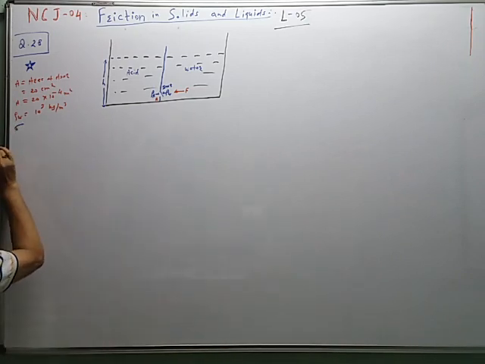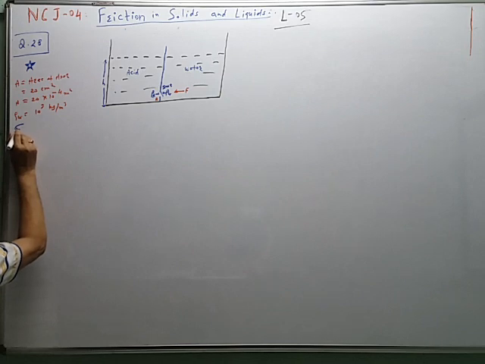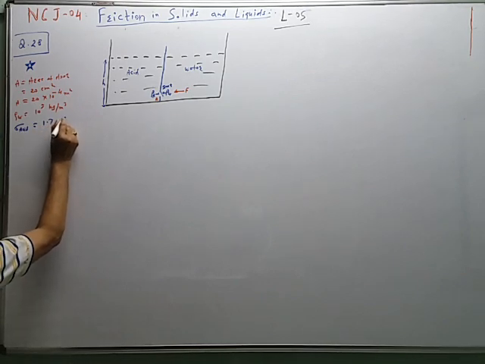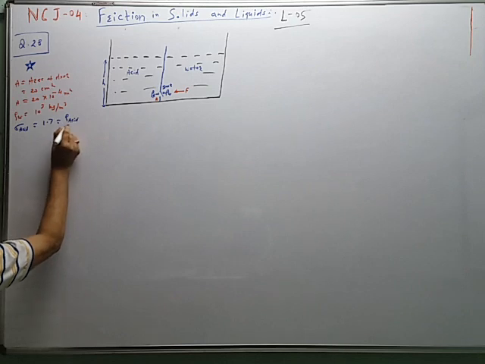Relative density is denoted by sigma. So sigma acid is equal to 1.7, which is density of the acid upon density of the water.